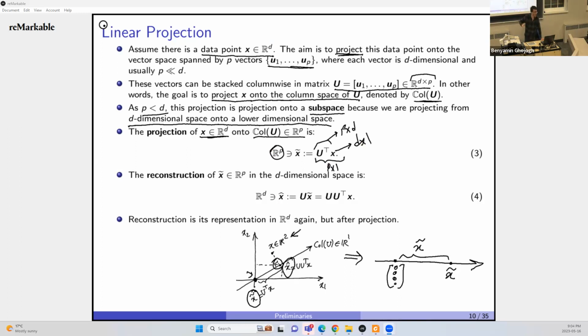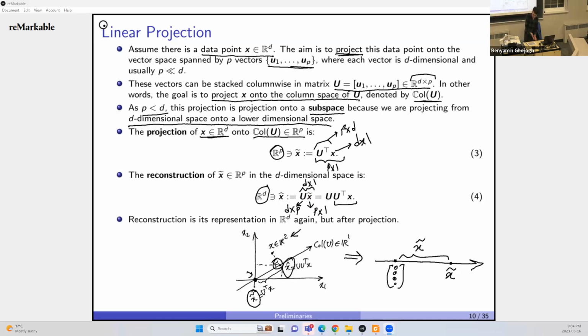Now, I want to make it d-dimensional again. I need to use U again. How? So, x tilde is p by 1, right? U is d by p. So the whole thing becomes d by 1. X tilde, I can replace it from equation 3, U transpose x.